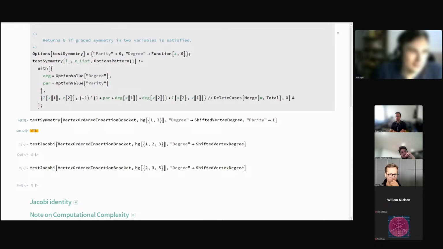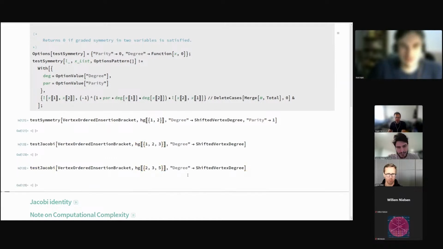It gives 0. Now this is fun. This is testing the Jacobi identity. When I was running it for the first time, I was like, wow, I hope this is gonna work. But actually it is really giving 0. You can even change the parameters.